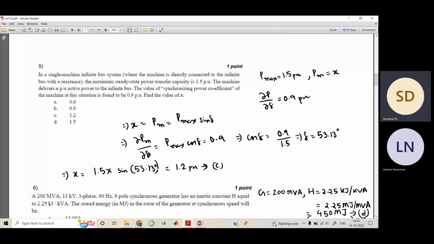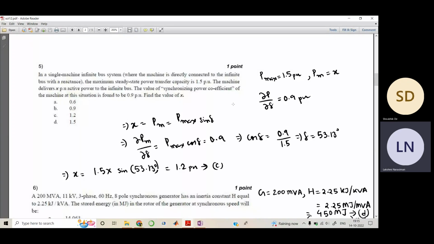When your slope becomes negative, it means that it is losing its synchronism. So this is the significance of this synchronizing power coefficient.